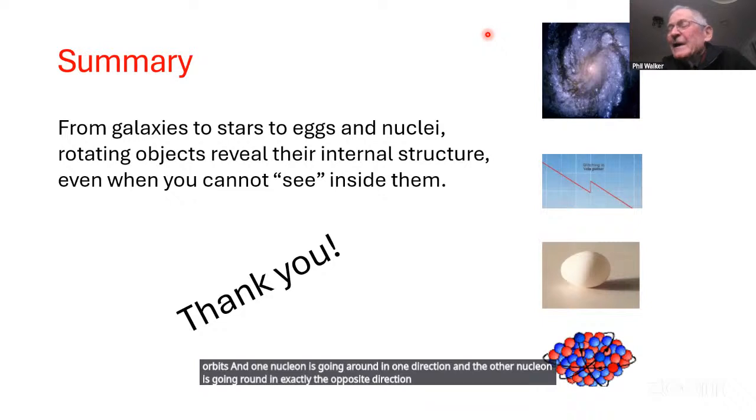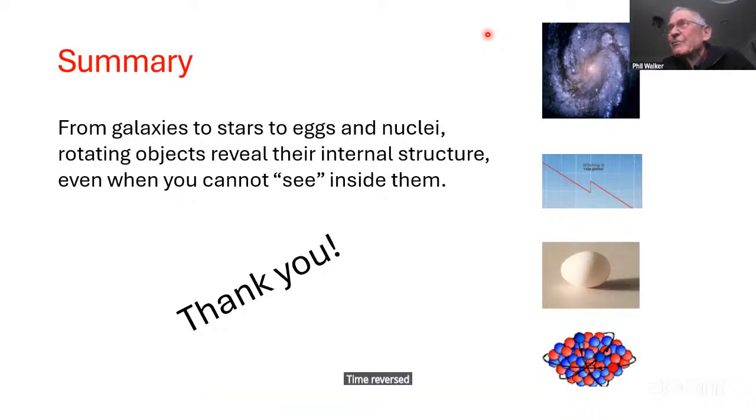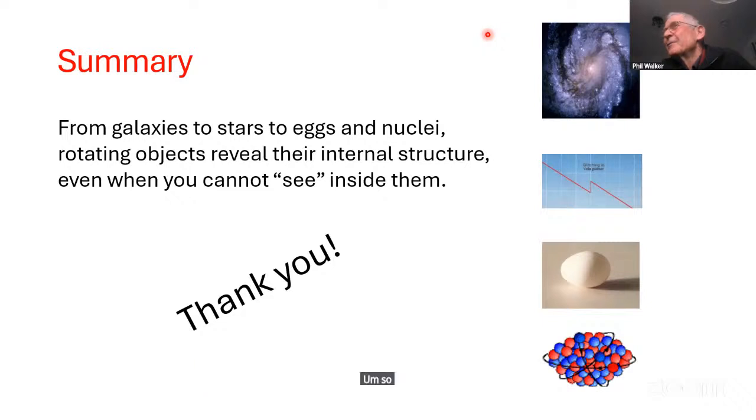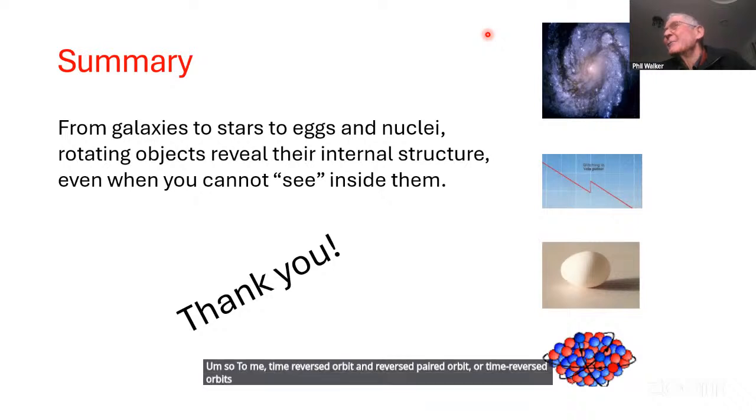But another way to imagine it is the term time reversed orbit, because if you ran the clock backwards, you would see that other orbit. So to me, time reversed orbits and paired orbits are the same thing.